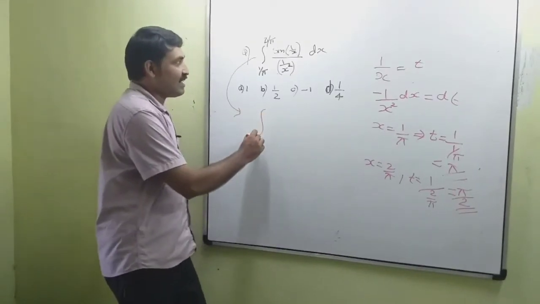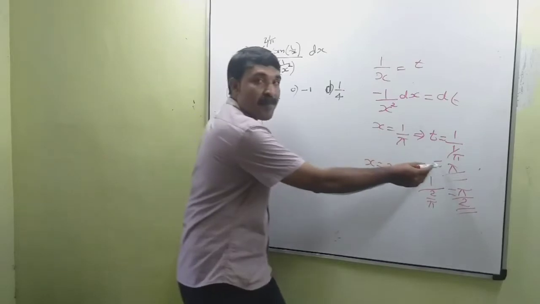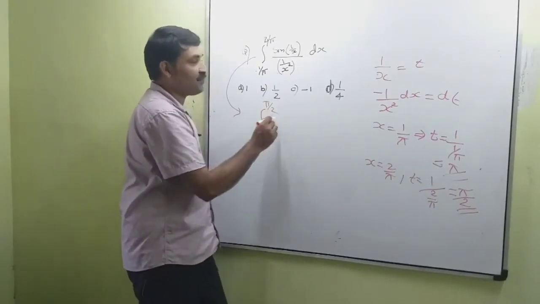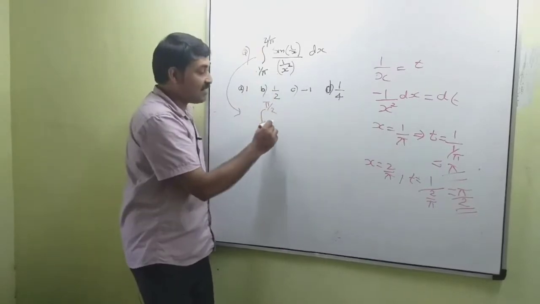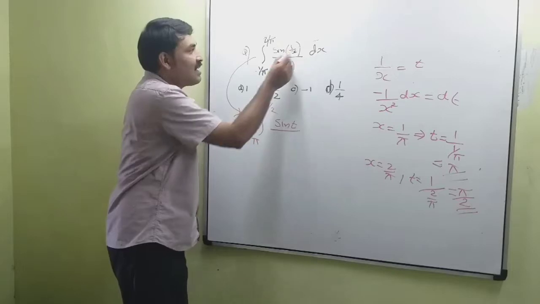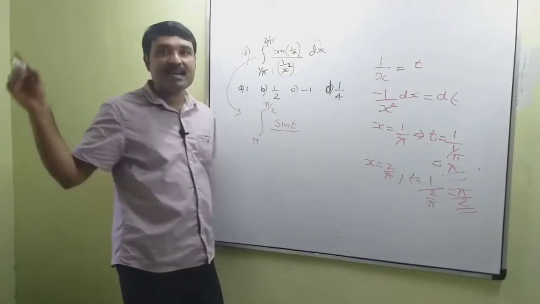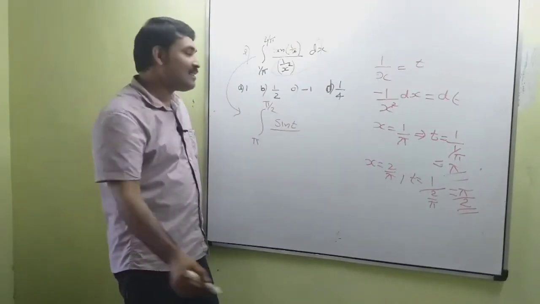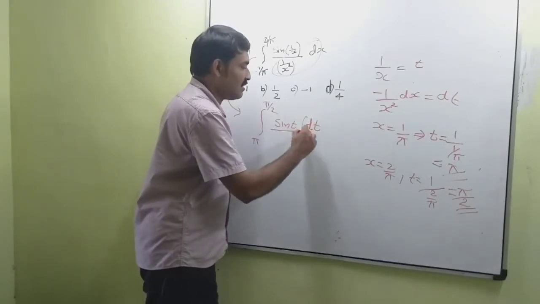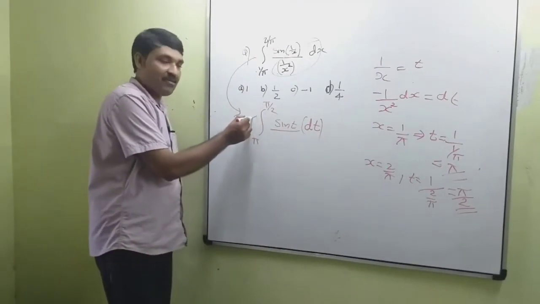Now we can write this integration in terms of t. That is, the integral with lower limit pi and upper limit pi by 2, of sine 1 by x replaced by sine t, and this entire term replaced by minus dt. So integration of sine t with respect to t. This minus is taken outside.